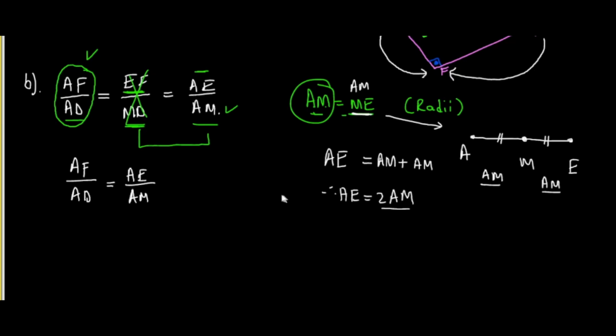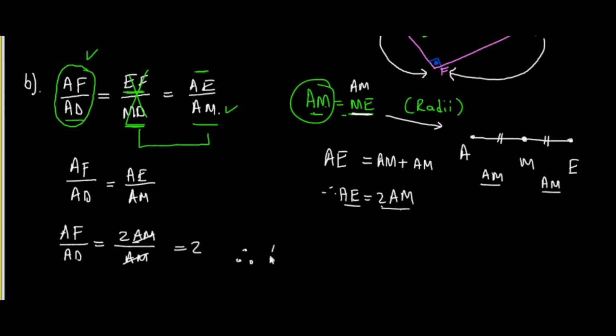I hope you guys understand. So where there's AE on the fraction, you can write 2 AM, because the reason is to eliminate one, so that we can get a numeric value. So this will be AE is 2 AM over what? Over AM. Look at this. These two cancel. This is just 2.